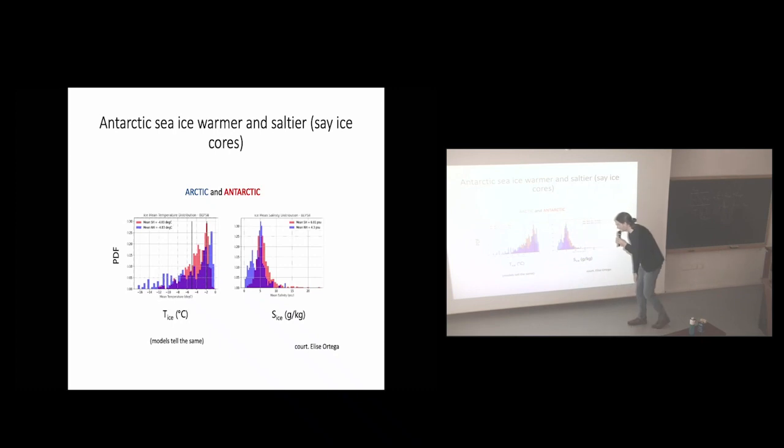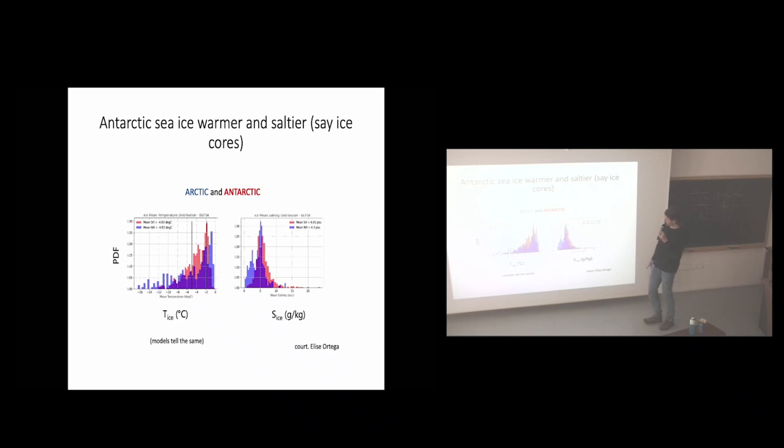We can take a bit of time to look at things. This is just recent work that one student in the lab is doing at the moment. She's compiled 1,000 ice cores and looked at the properties of the ice. And it's a histogram of all properties of the ice based on this compilation.